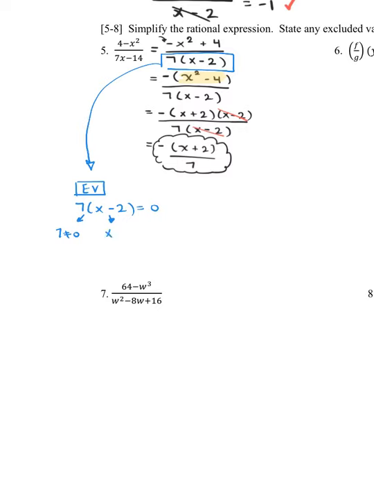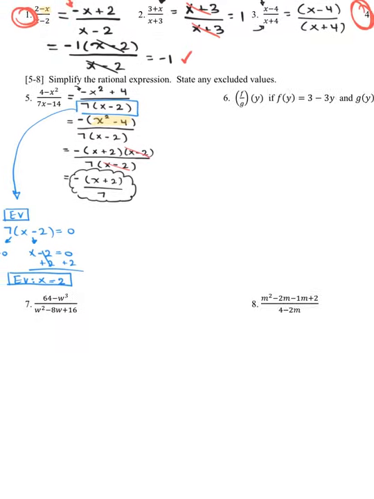So then x minus 2 has that variable, so just solve that. I would add 2 to both sides, so x is equal to 2. So my excluded value is x equals 2. That means I cannot let x equal 2, because if I did, I would have a 0 in the denominator. Okay.